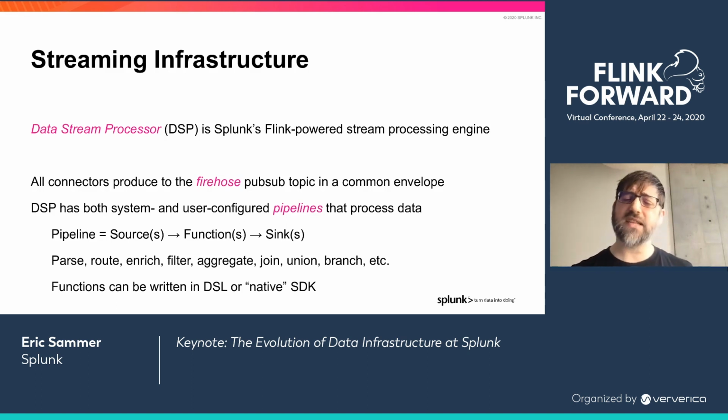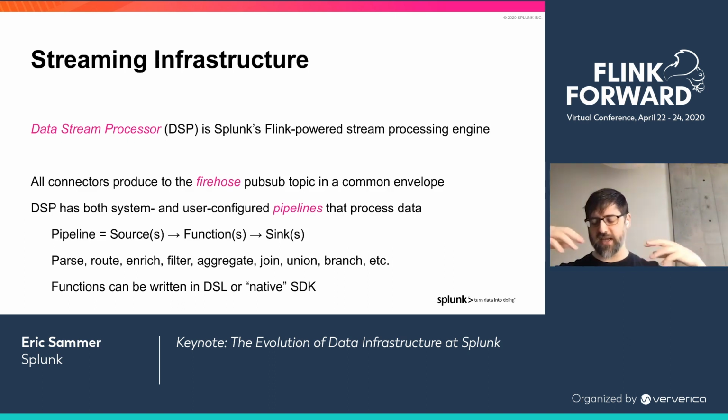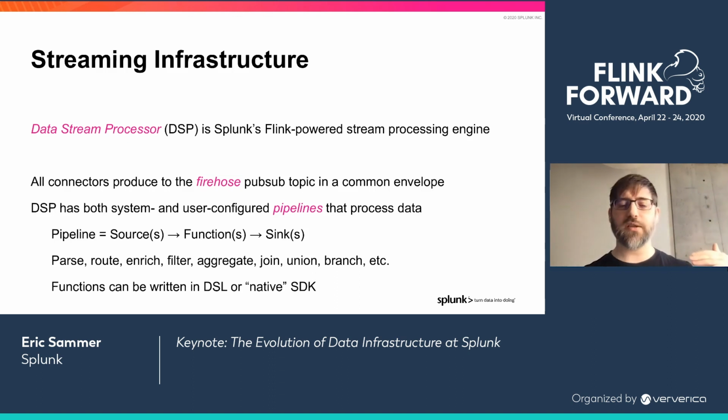We also have a native SDK that is Java, that handles all of the type checking and planning and optimization that is very Splunky, and then ultimately winds up baking down to a Flink job, at which point we hand it over to the Flink planner to do the logical and physical planning of the job.